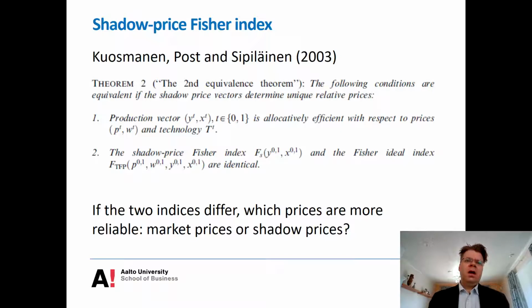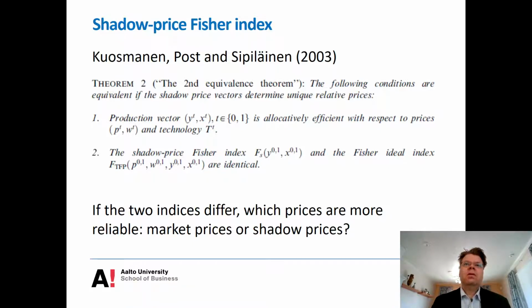So if these input and output vectors are allocatively efficient with respect to the input and output prices of the corresponding period, then we can show that this shadow price calculation of the Fisher index yields exactly the same result as the classical Fisher-based index. So this applies, of course, also to the output quantity index, and that would make the price index the same. We could also utilize the shadow prices to make a price index if we wanted to.